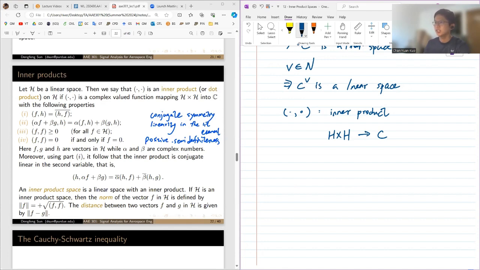The first property is the conjugate symmetry. The conjugate symmetry is when you look at the inner product of f and h, the result will be the same as the complex conjugate of the inner product of h and f.